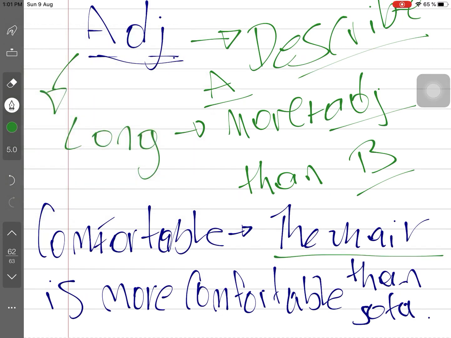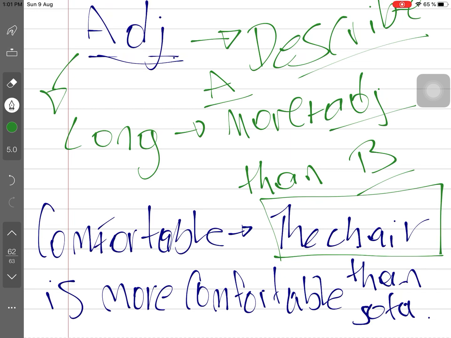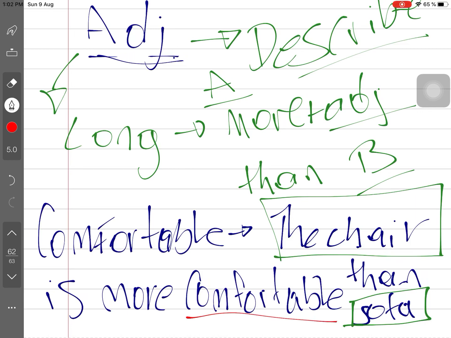So we have the chair. The chair is going to be our part A. Yes. And the sofa is going to be our part B. So remember that our adjective is long, comfortable.